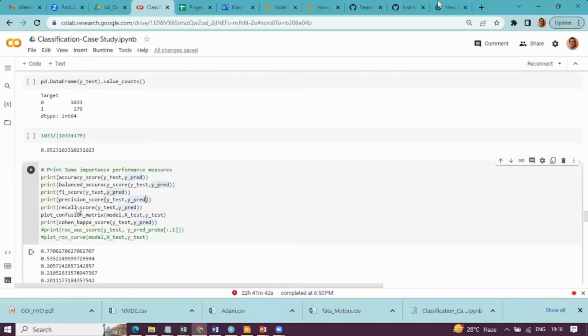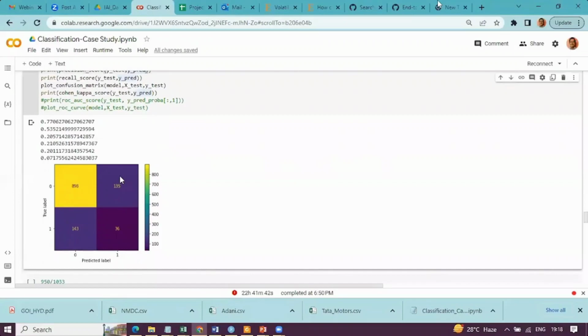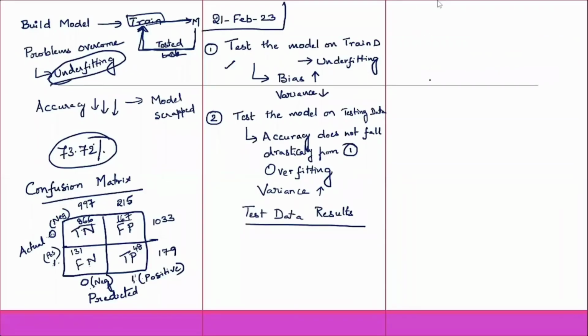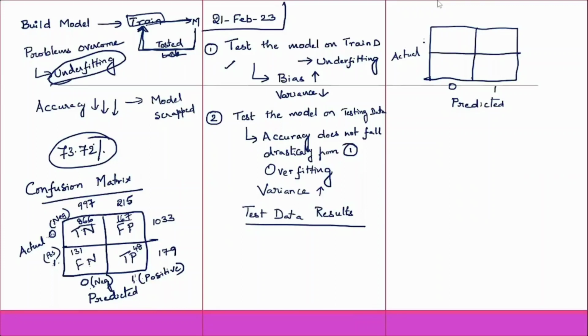Now, the most important thing that we will look at is the confusion matrix. We have discussed it, but I think the numbers changed a little bit today because the number of variables has changed. So we'll call this predicted, and we will call this actual. So you have zeros and ones, 0 and 1.